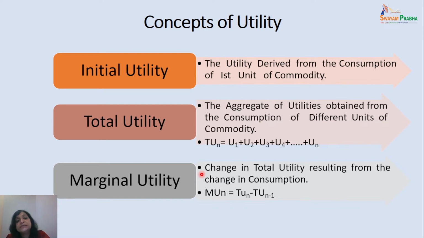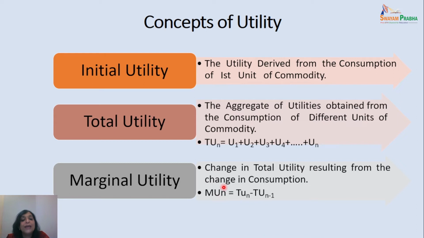You take a second unit of the same product, you get again some utility. So 2 units of the product will give you some utility, and 1 unit of the product has given you some utility. So how much change that extra unit which you consumed brought in your utility is measured by marginal utility. So the change in total utility resulting from the change in consumption is called marginal utility.